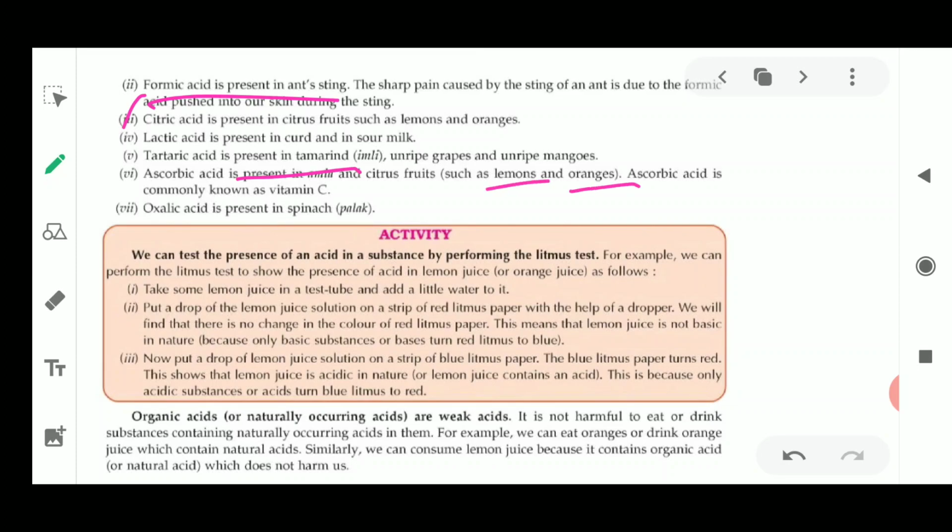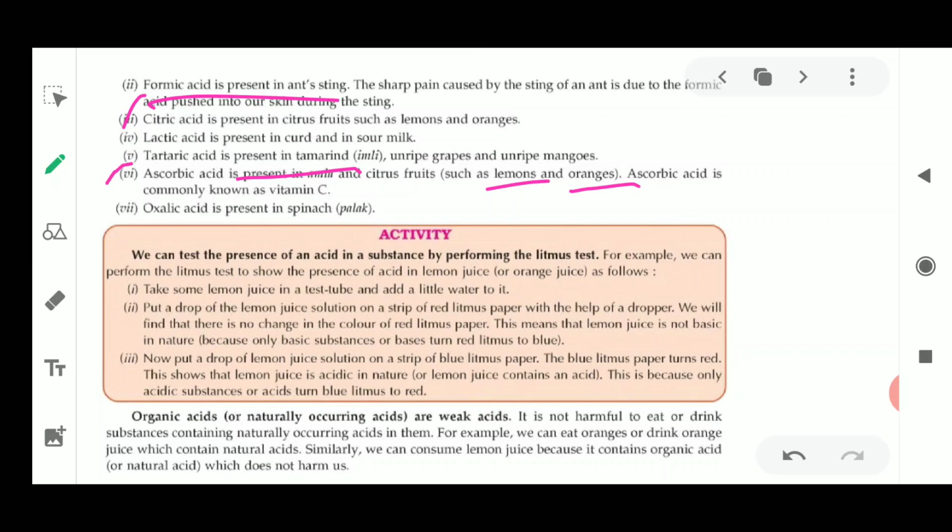It is not necessary that only one acid is present in one fruit. Mainly citric acid is present in citrus fruits like lemon and oranges, but ascorbic acid, which is vitamin C, is also present in all citrus fruits. So you could write that citric acid and ascorbic acid are present in each and every citrus fruit. And oxalic acid is present in spinach, called palak, and also in tomato.